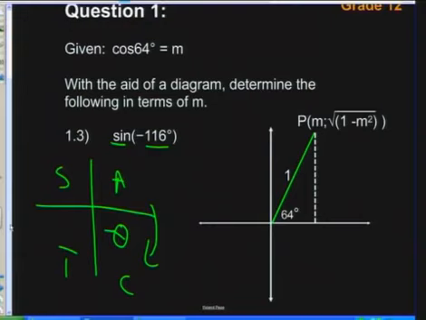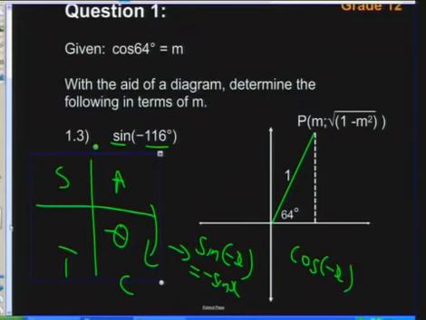Where's minus 10 degrees? It's in the fourth quadrant. But only cos is positive in that quadrant. So what does it mean? Let's check. Sine minus x. Where's minus x? The fourth quadrant, therefore this would be minus sine x. What is cos minus x? Minus x is in the fourth quadrant, therefore cos will be positive. So this is cos of x.